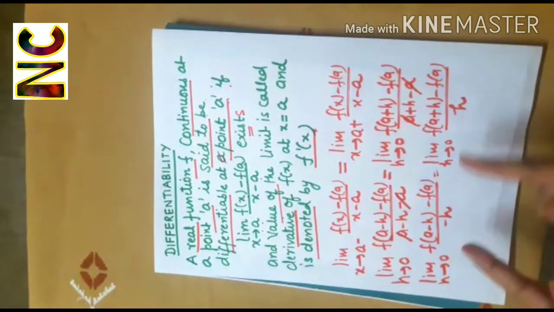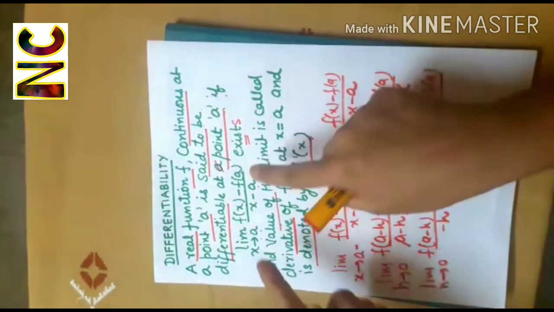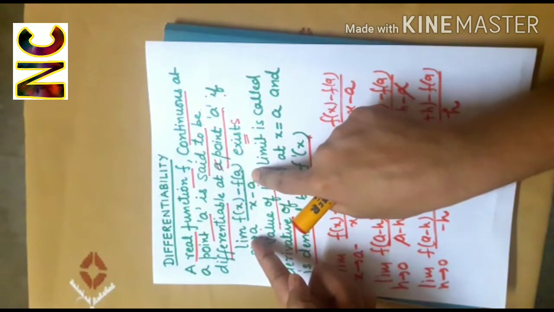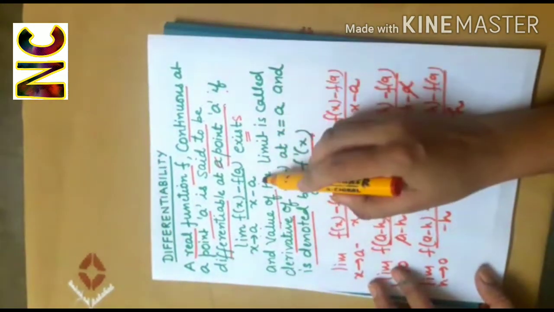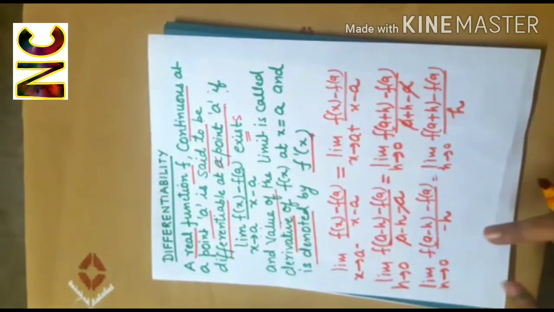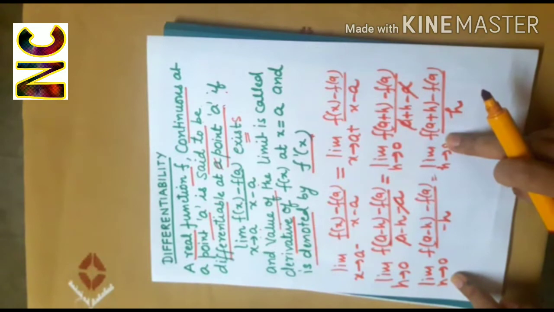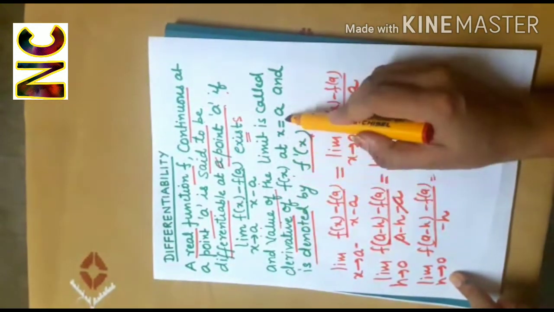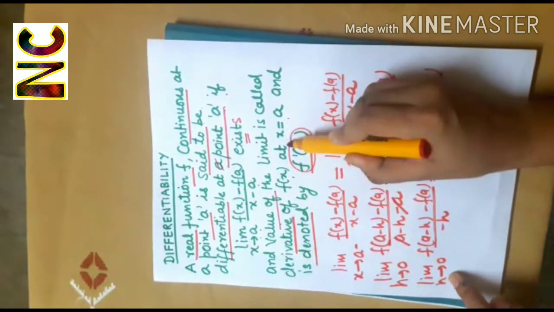So when these two limits are equal, then we say that this limit exists, and when this limit exists, we say that the function is differentiable at the point a. And the common value of these two limits is called the derivative of the function f(x) at a, which is denoted by f dash x.